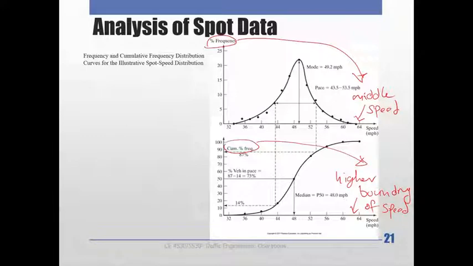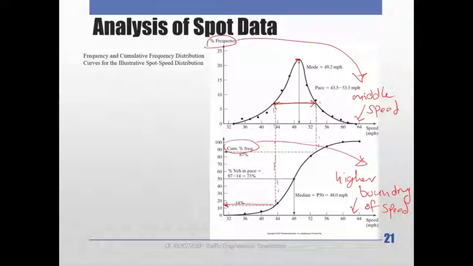We calculated the mean now as a measure of central tendency. The modal speed is the peak, the highest value on the curve, which in here is 49.9 miles per hour. Where is the pace? I'm going to use a scale of 10 miles per hour on a piece of paper, and slide this on the curve until I hit 2 points on the curve, and then go down to the cumulative frequency curve.